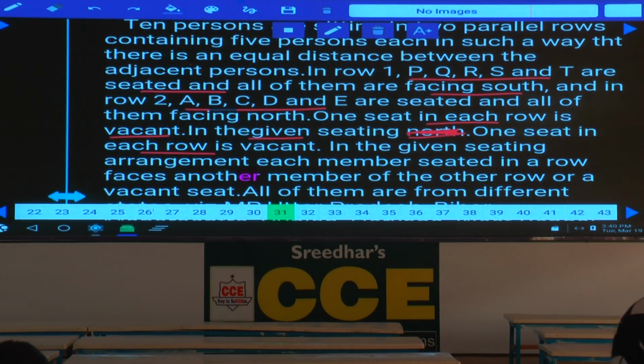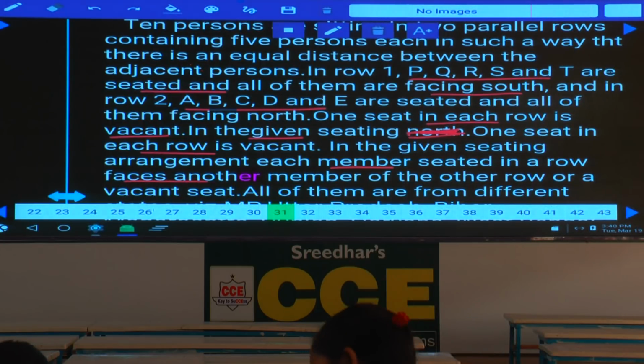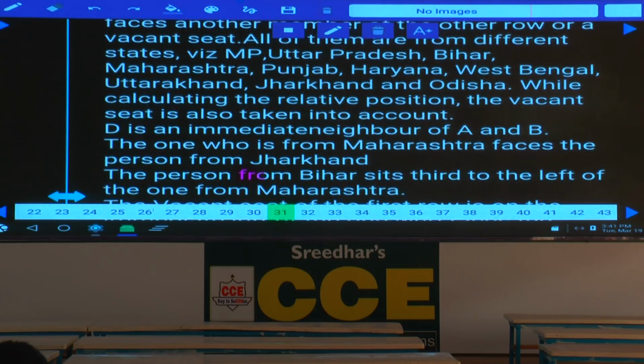And in the given seating arrangement, each member seated in a row faces another member of the other row or a vacant seat, isn't it? Now this person could be opposite to another member or opposite to a vacant seat. And each one of them belongs to different states, that is MP, Uttar Pradesh, Bihar and so on. 10 persons belonging to 10 different states were also clearly given here.